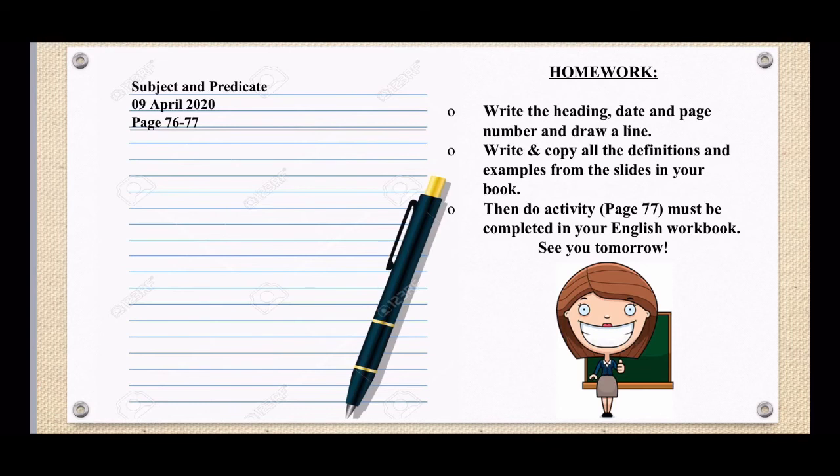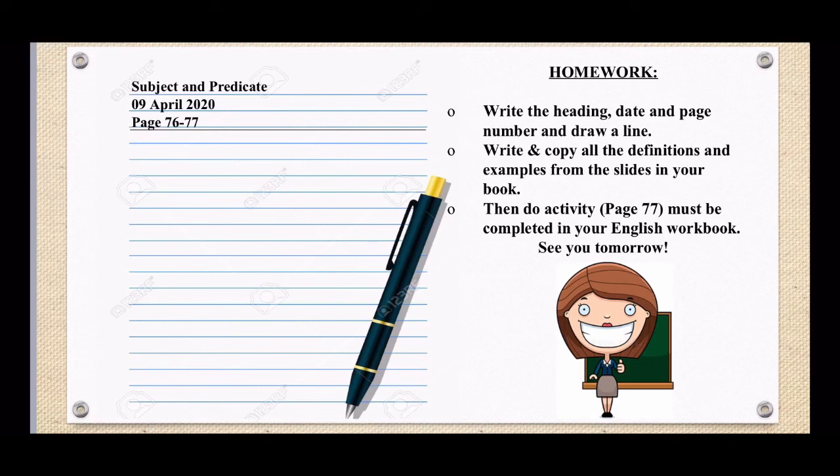What I want you to do is please write and copy all the definitions and examples from the slides in your book. Right? So I want you to write the definition of a subject, a predicate, an object, and the examples.